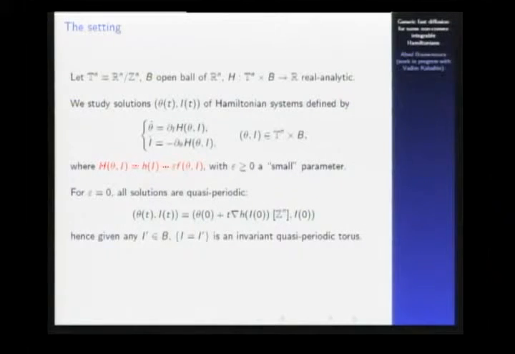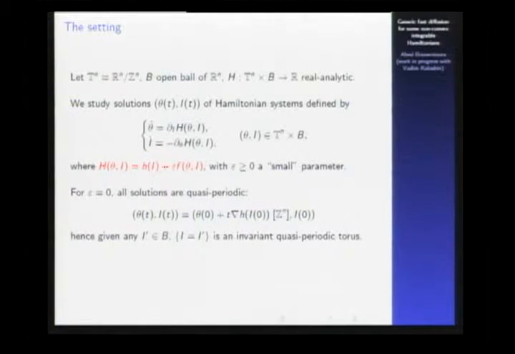For theta, you can see easily for capital H equal to small h that the right-hand side is a constant vector, which means that the evolution of theta is linear: theta of t is equal to theta of 0 plus t times some vector. This vector is given by the gradient of h applied to the initial action I am starting from. All solutions are like this.